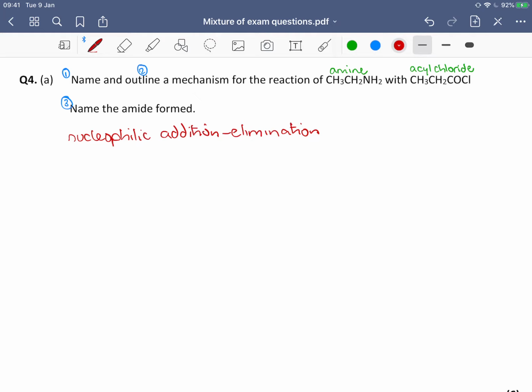So we've got something acting as a nucleophile, something being attacked by the nucleophile. A nucleophile is an electron pair donor. The moment we see a nitrogen, we know nitrogen has a lone pair on it. So the amine is going to be acting as the nucleophile.